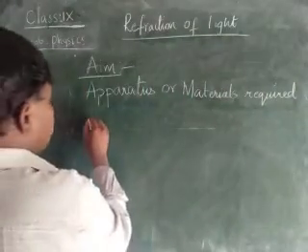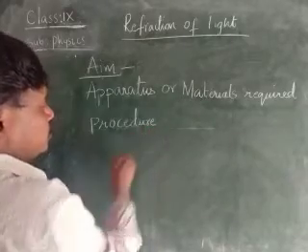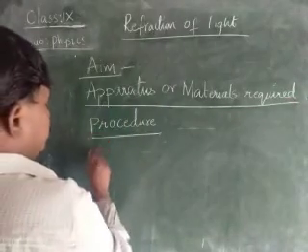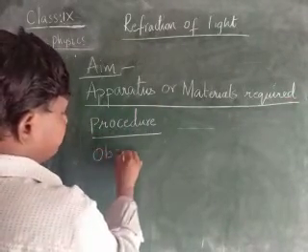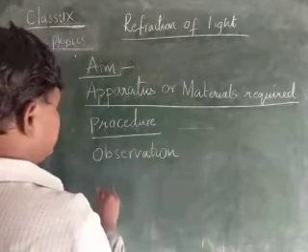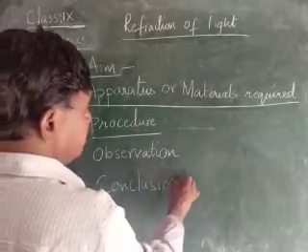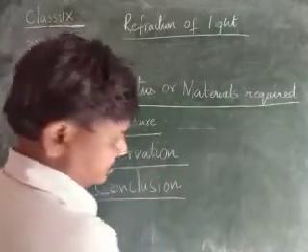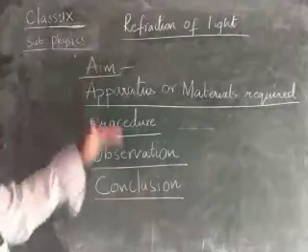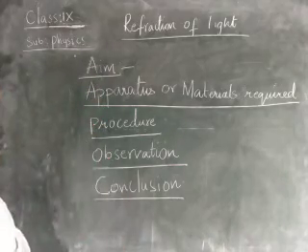Procedure, observation, next conclusion. These are the points that you should keep in mind when you write a lab activity. Whenever you write an activity, compulsorily you should remember these points, children. That is aim, apparatus, procedure, observation and conclusion.